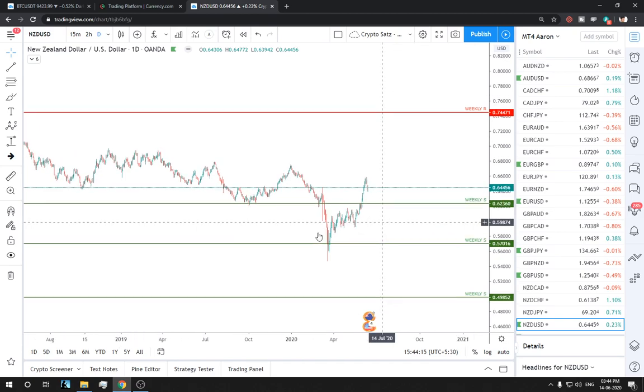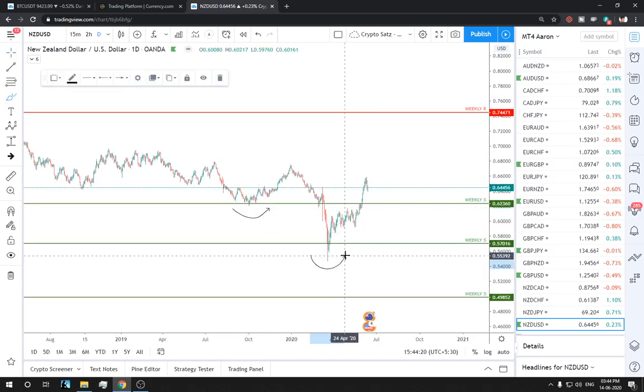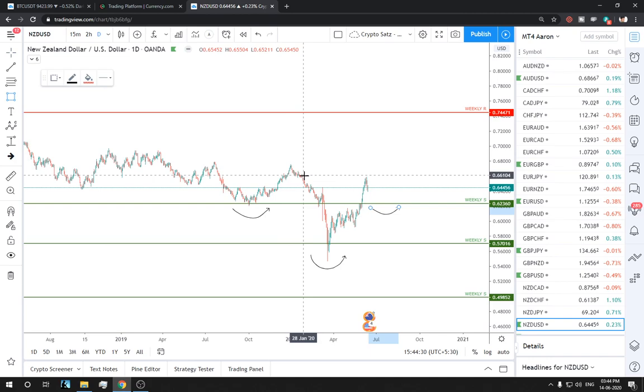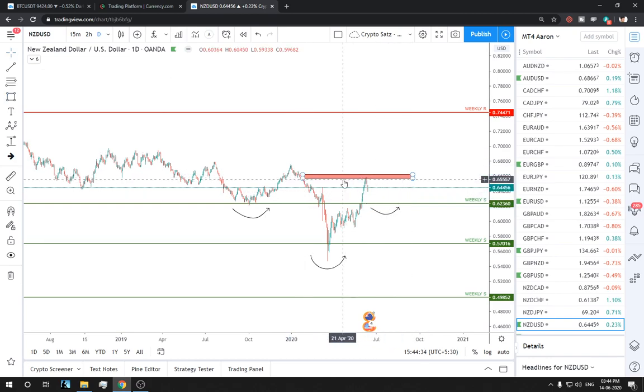So even this is looking a bit like an inverse head and shoulders, as you can see here. I have a neckline. I don't like this because it has to reach over here.